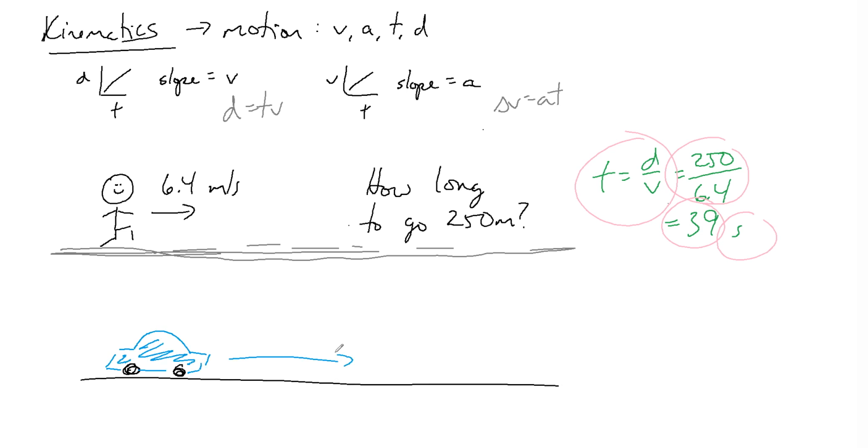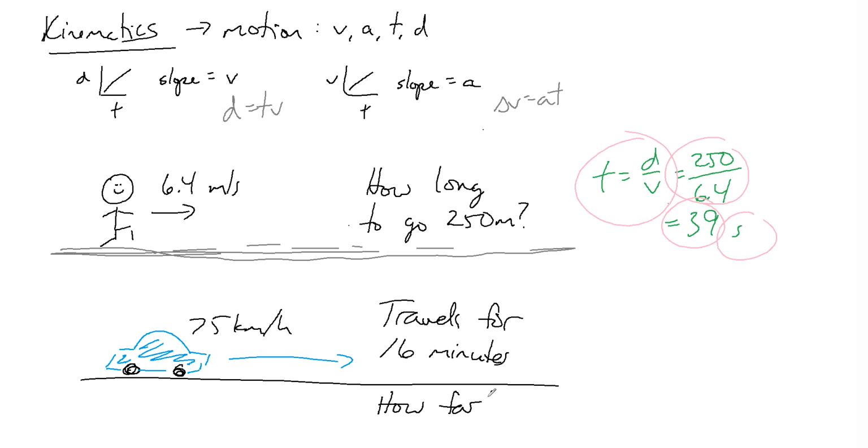All right, and our car is zooming along. And let's say it travels for, let's go with 16 minutes, and let's say our car is going 75 kilometers per hour. All right, so we're looking for how far did it go?